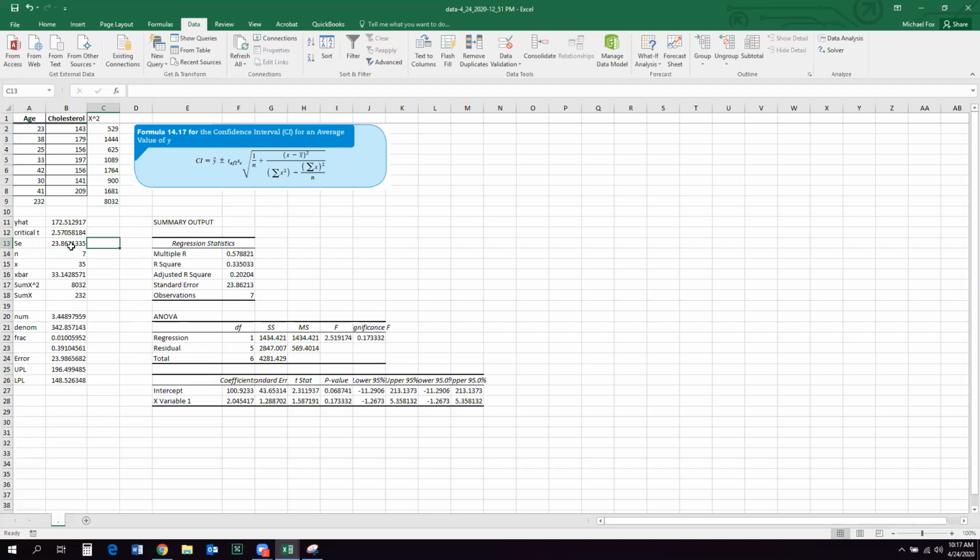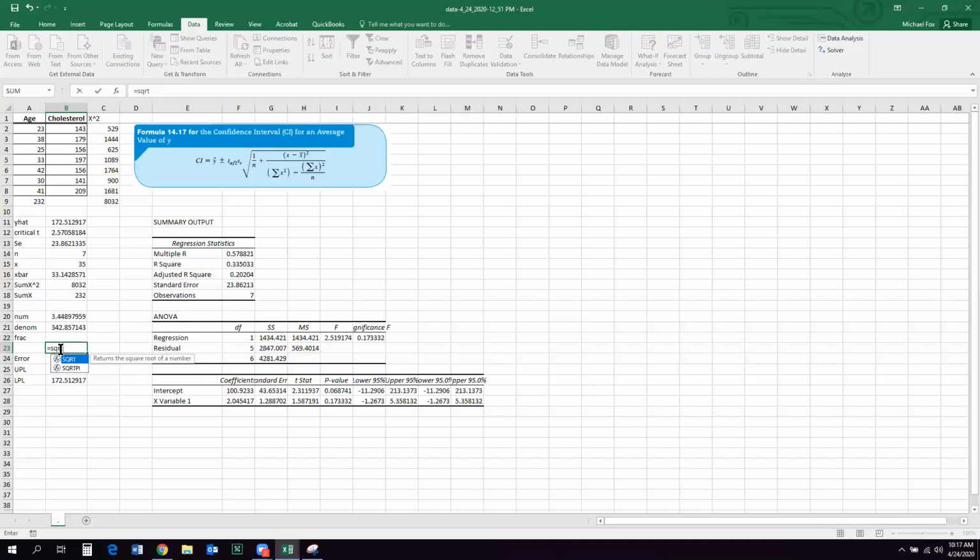Critical T, standard error. So I've reworked this. You know what I'm going to do? I'm going to have to move on and send you a recording or something, because I don't know. I'm sure it's something dumb. I would swear this was right, if I was a swearing man. Let me try this real quick. Let us do this whole thing.